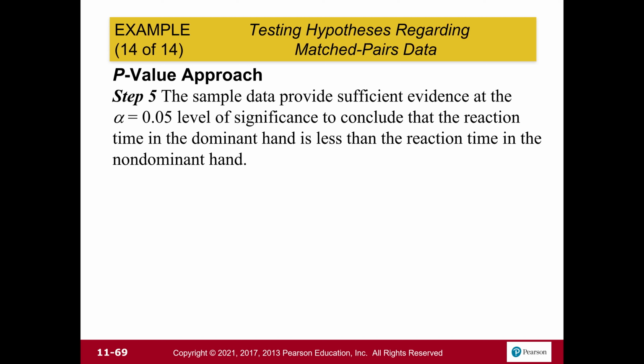So the reaction time, which is the lower number, we were looking for a smaller number. If you react faster, then the time that it takes you should be less.